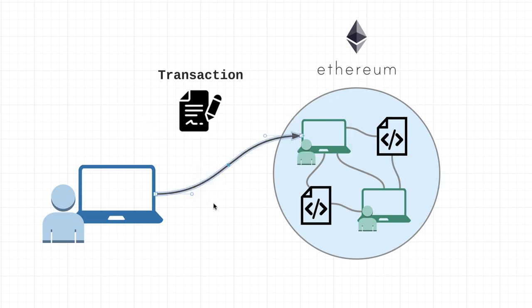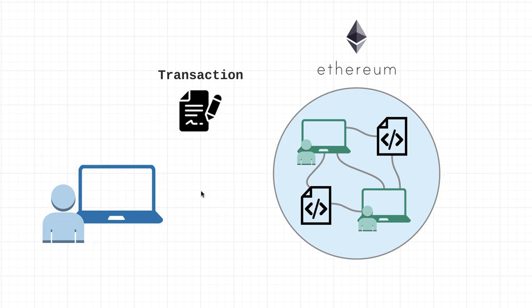Now, on that note, transactions can also be instructions to the network to execute smart contracts. An important point to make is that all transactions are always initiated by an EOA, in other words, by a human or an account with a private key.